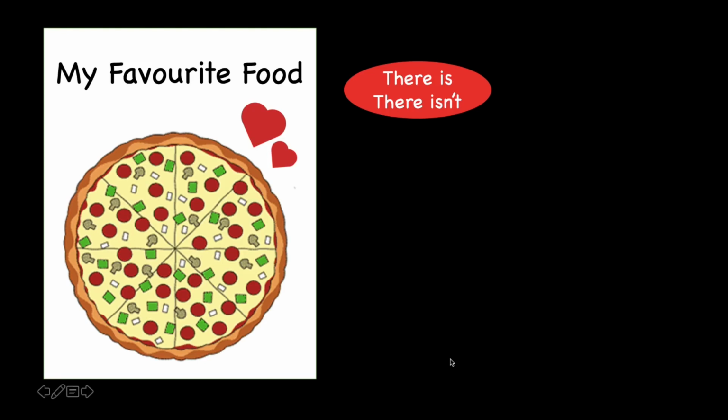The first thing that you might need to use in your writing is the use of there is or there isn't. You can use there is or there isn't when you are talking about one thing or you are talking about uncountable nouns. Do you still remember what uncountable nouns are?